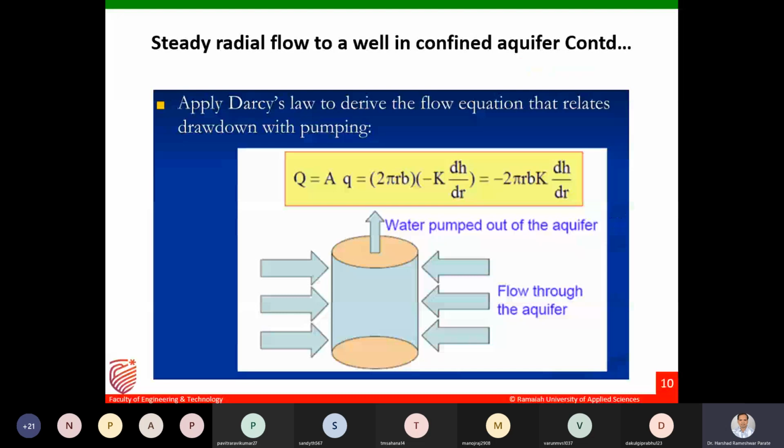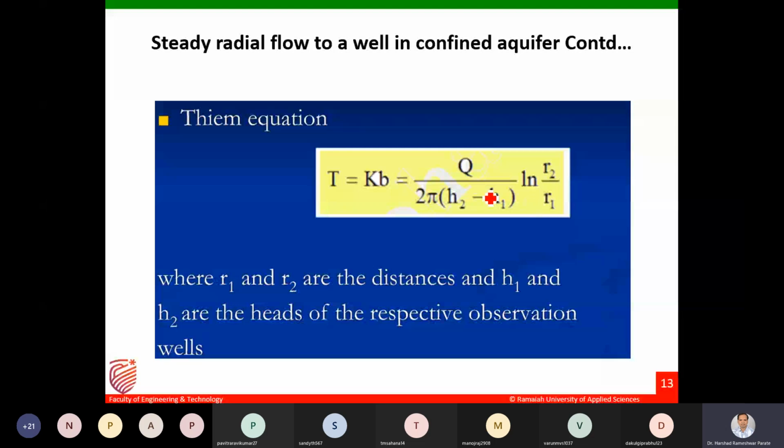Or if you know the transmissibility of the aquifer, you can calculate the discharge from the aquifer. If you know the borewell levels and their distance, we can say this is the rate at which the pumping well is pumping. So this you can also write in terms of Q.